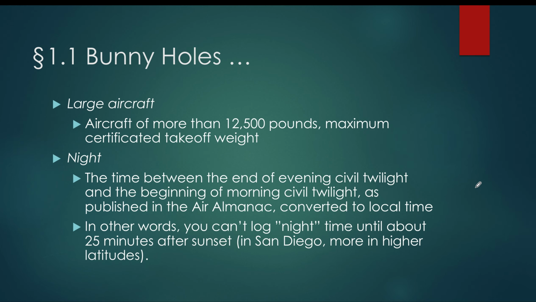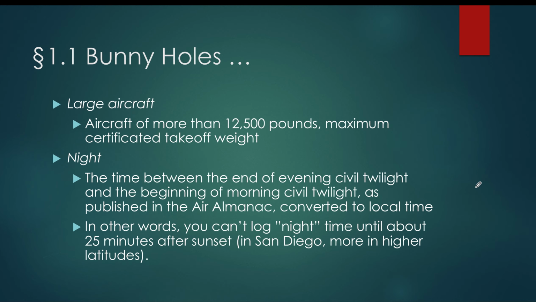So, not sunset. I basically talk about three different things that happen every night. The sun hits the horizon, that's sunset. Your position lights come on. About 25 minutes later, here in San Diego, most of the year, you start logging nighttime, but you would actually have to look up the air almanac and see when the end of evening civil twilight is. It just happens to be around 25 minutes after sunset.